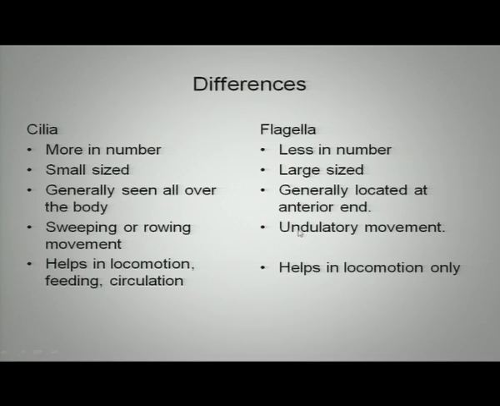So there is a slight difference in this movement. Then coming to other functions, cilia help in locomotion, feeding and circulation. Flagellum helps in locomotion only. So here you can see the differences even though the structure is the same.